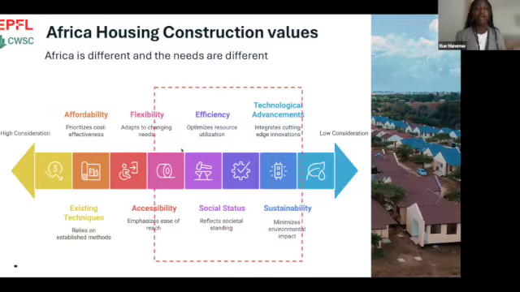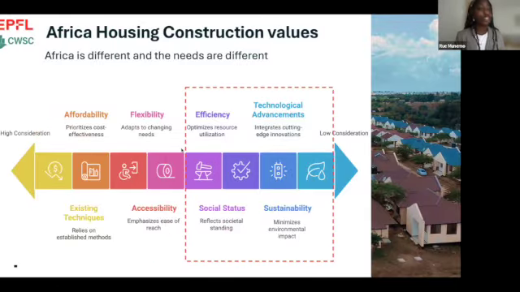Then on the lower consideration side are efficiency, technology advancements, and sustainability. But social status is a bit of a middle factor, which is actually the reason why it's very important to have this discussion, because typically people will have an idea of the type of house they want to own, the type of house they would like to build and live in.